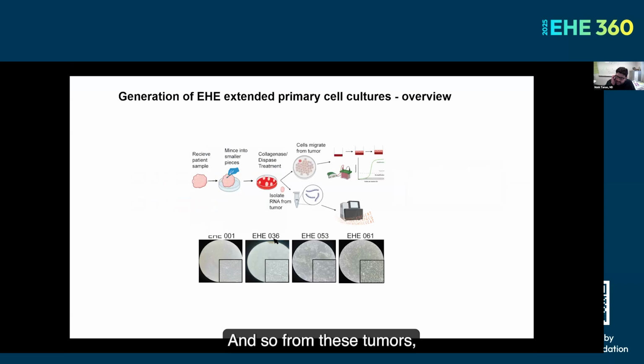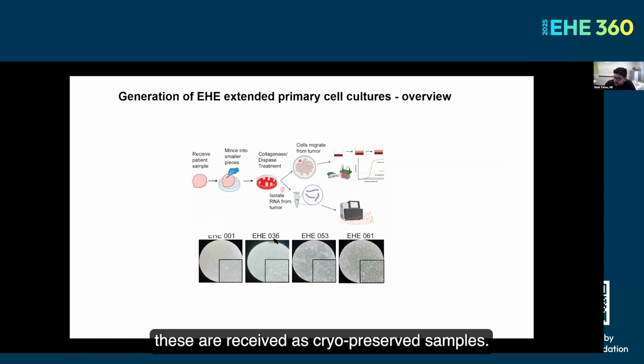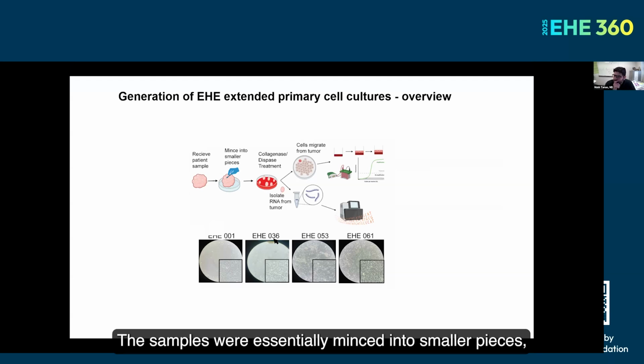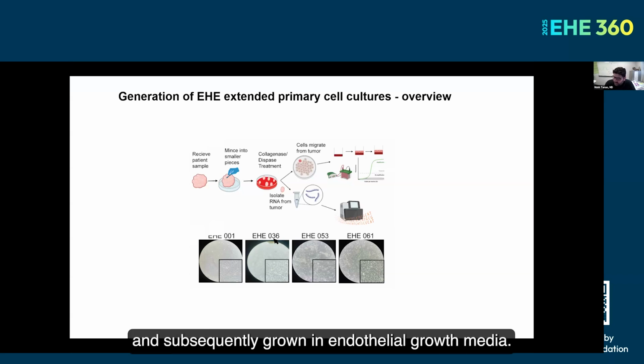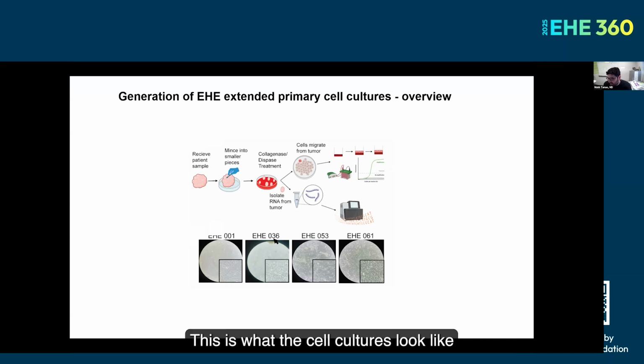And so from these tumors, these were received as cryopreserved samples. The samples were essentially minced into smaller pieces, treated with collagenase dispase, and subsequently grown in endothelial growth media. This is what the cell cultures look like under bright field microscopy.